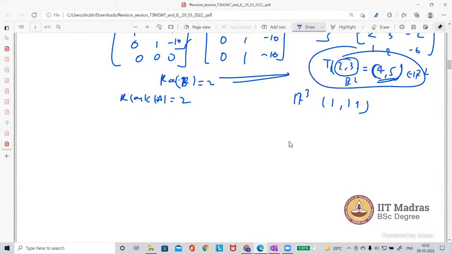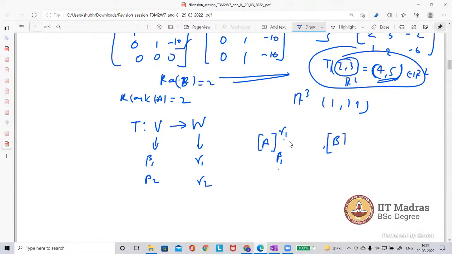Yeah, let me write that. Let's say T is a map from V to W, and for V we are using beta 1 and beta 2. Correct. And for W, gamma 1 and gamma 2. Right, sir. And matrix A is with respect to ordered bases beta 1 and gamma 1, where beta 1 is for the domain and gamma 1 is for the codomain.